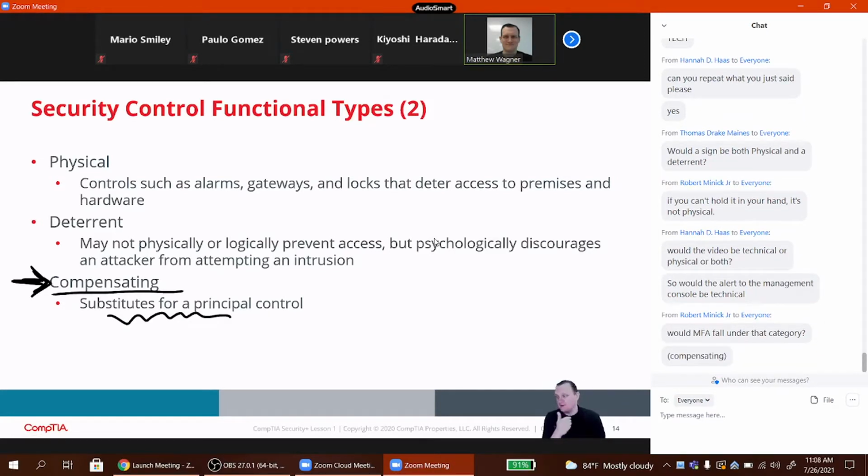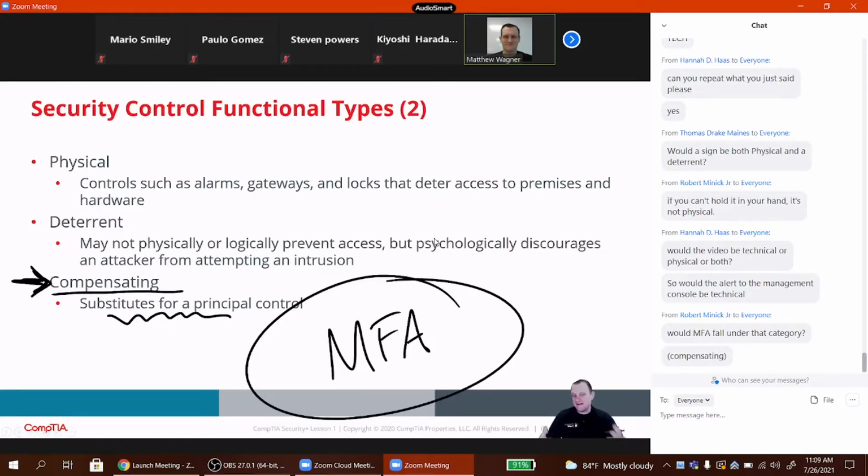Absolutely. I would say that any time somebody's performing MFA, multi-factor authentication, some component of that MFA system is a compensation control for single factor authentication not being secure enough to begin with.